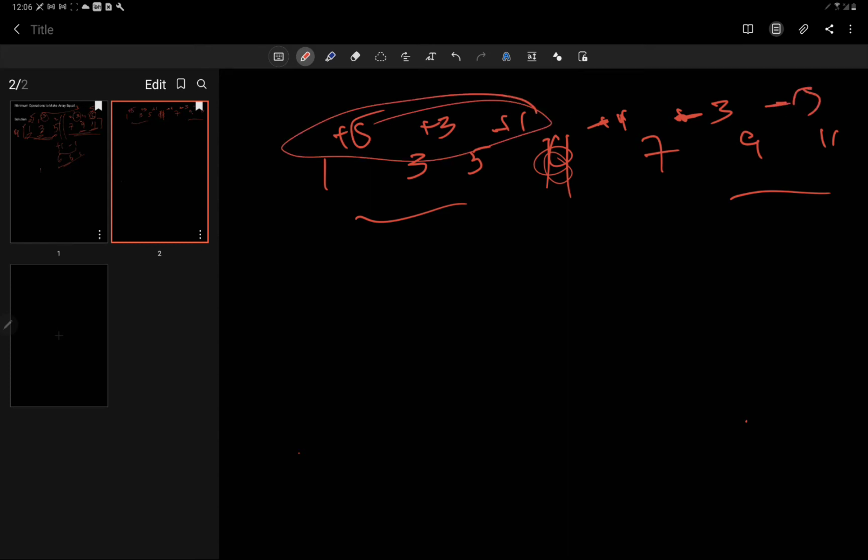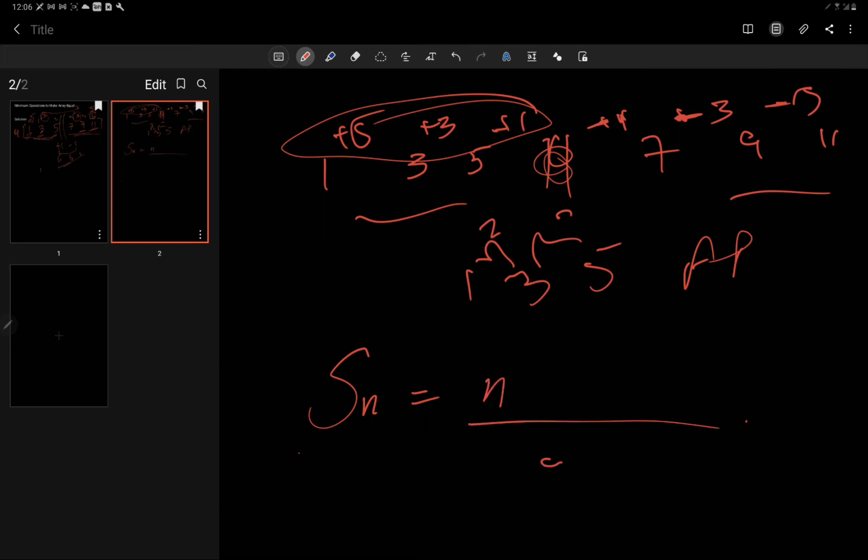If we take these operations, we can see that it is nothing but an AP series with a difference of 2. For an AP series, the sum is Sn equals n by 2 into 2a plus n minus 1 into d. The first element here is 1, and the difference is 2. So let's fill in the values and see what formula comes.